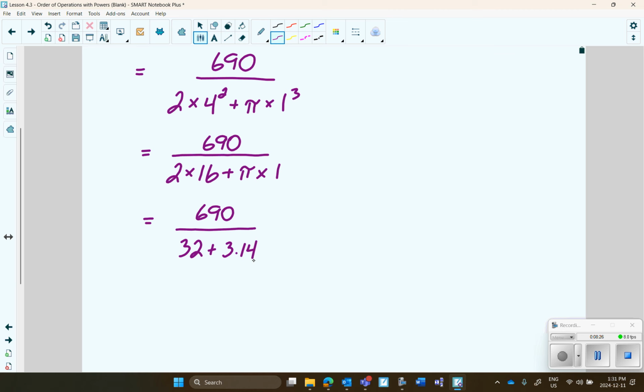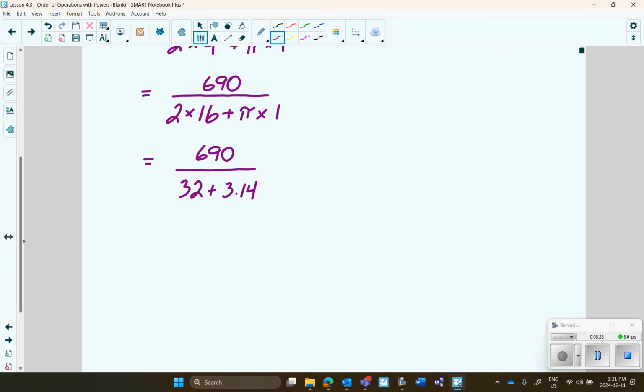I still have to add the two numbers on the bottom. So 690 divided by 35.14. Now I can finally divide. Definitely need a decimal calculator for this.